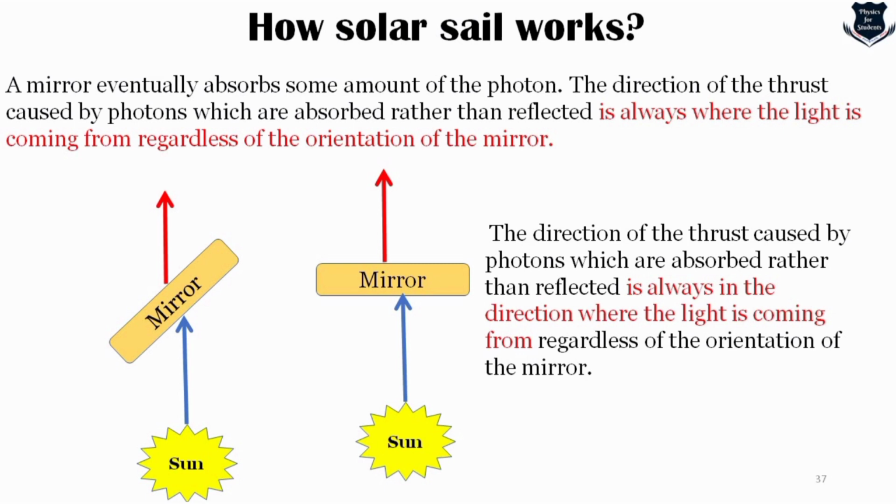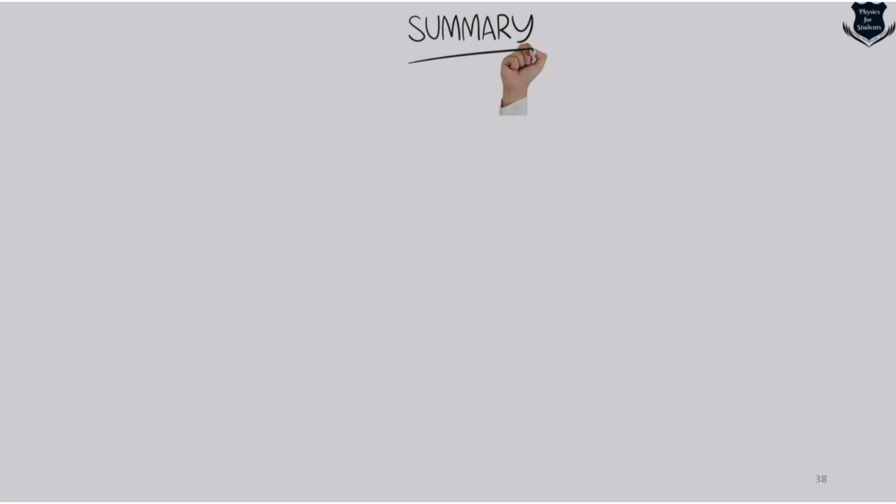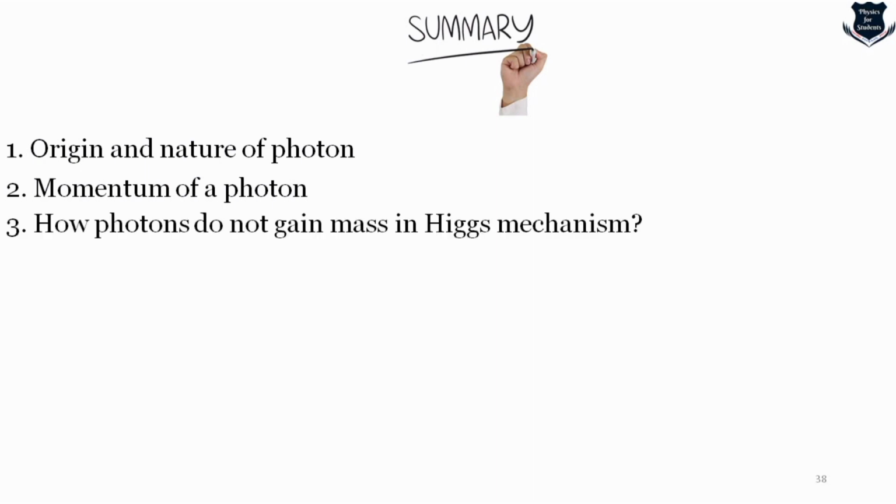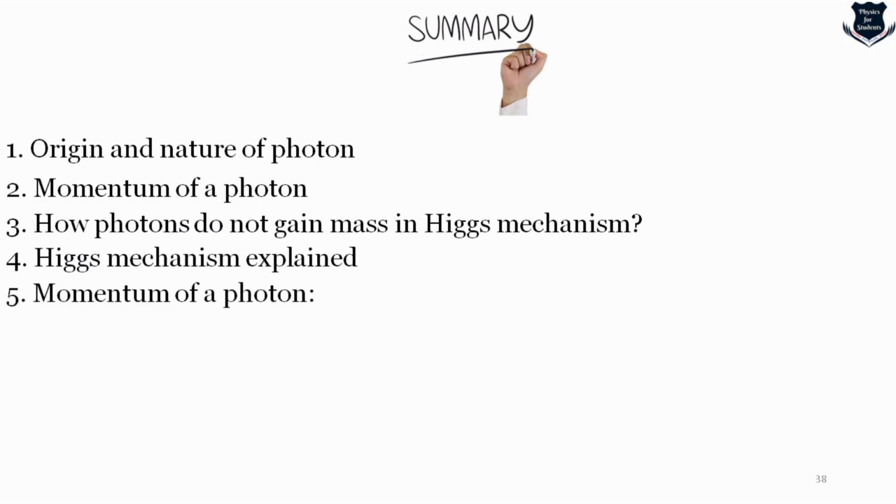So that is basically the practical application of the momentum of a photon in order to maneuver and move a spacecraft. That's all. We have come to the end of the video. We have learned about the origin and the nature of a photon, what is called the momentum of a photon, how photons do not get mass, and what the Higgs mechanism is. We have explained it.